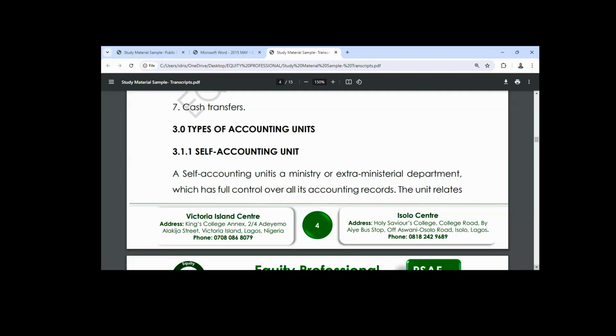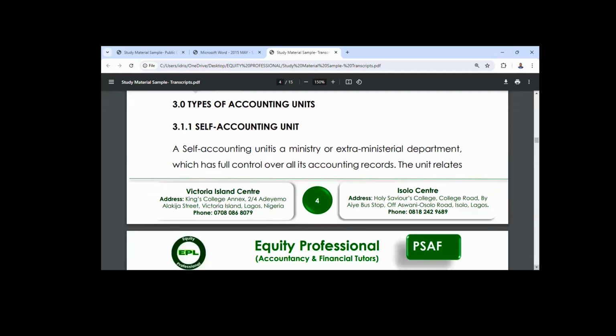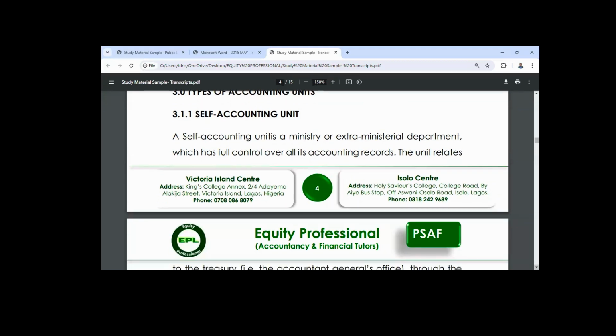A self-accounting unit is a ministry or extra-ministerial department that has full control over its accounting record.